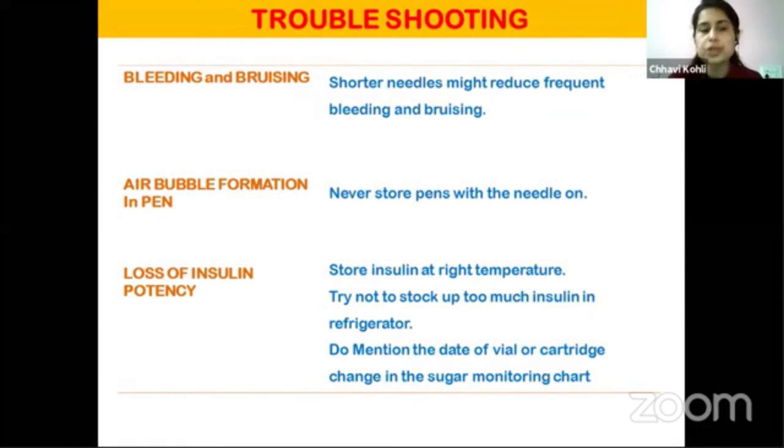So patients should be taught not to store too much insulin in the refrigerator, and they should be told to mention the date of opening of the vial or the cartridges on the sugar monitoring chart, so that if any such incidents happen, it can be tallied, because there can be a problem in the storage chain at the retailer level also.